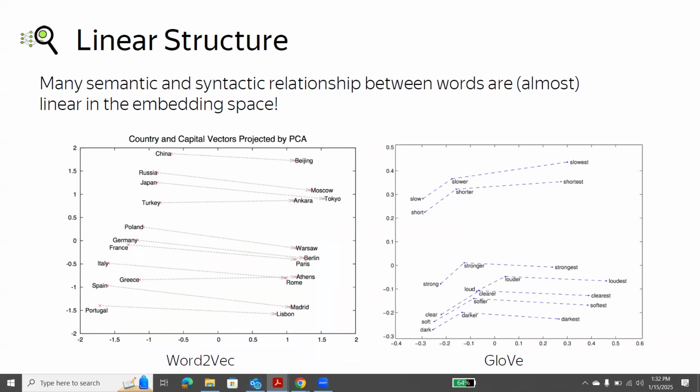It means that if you add something to the word embedding of China and get Beijing, then to any other country, for example, Italy, you can add the same vector and you will get Rome. So this is an interesting idea. This is for word2vec. That is for GloVe. GloVe is not very linear.